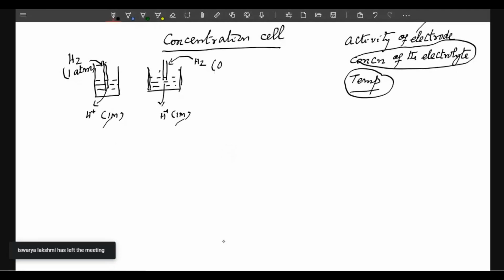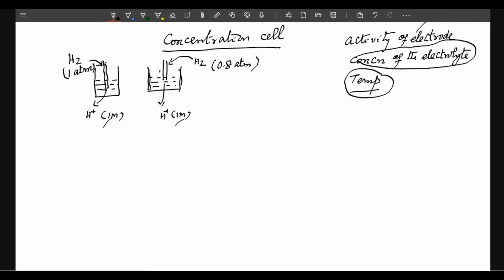Instead, I am going to use 0.8 atmosphere. Now the two electrodes are the same, but their activity differs. Here the activity is one, equivalent to 1 atmosphere pressure. If it is a gas, we do not call it activity, we call it fugacity. The fugacity of hydrogen at 1 atmosphere is different from the hydrogen at 0.8 atmosphere.